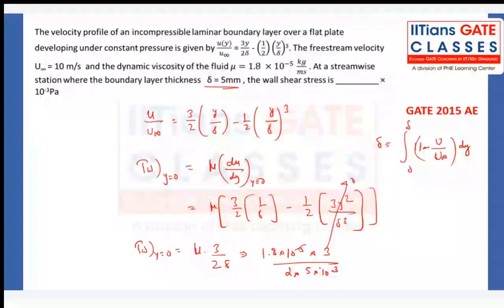All of you are getting 6 mm as the answer? No, how is it mm? Wall shear stress they are asking in 10 power minus 3, so it will be 54, right? 5.4.